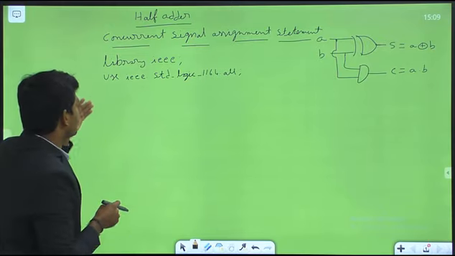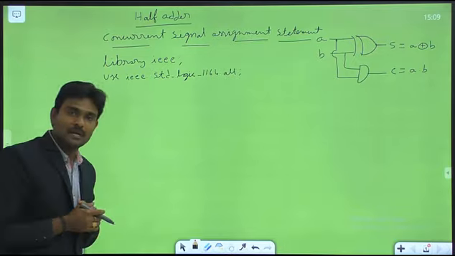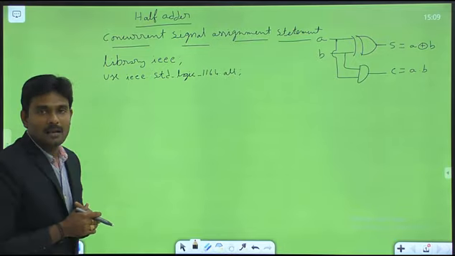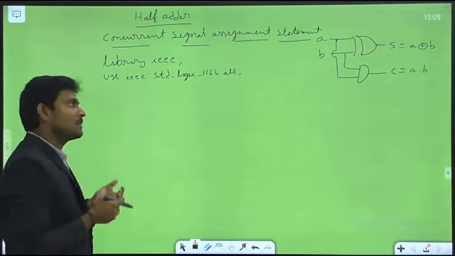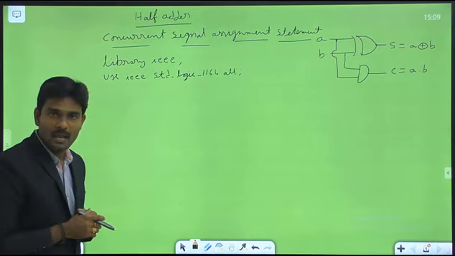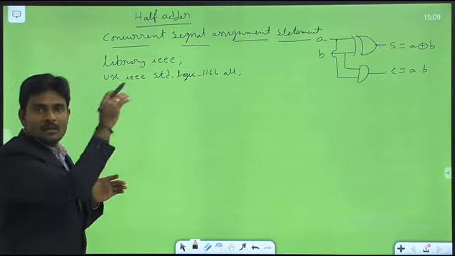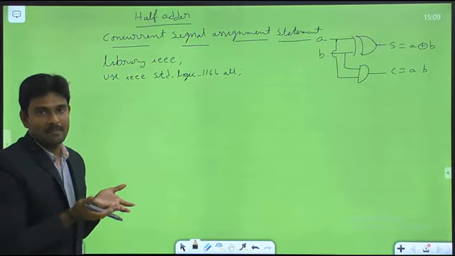After declaring the library and package, next we write the entity declaration part. As I described previously, while writing the entity declaration we mention only the inputs and outputs, assuming the whole circuit is a black box.